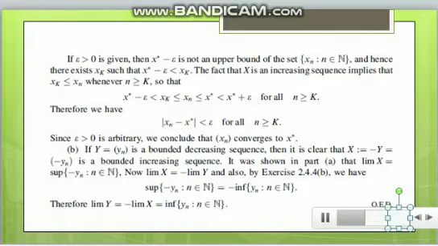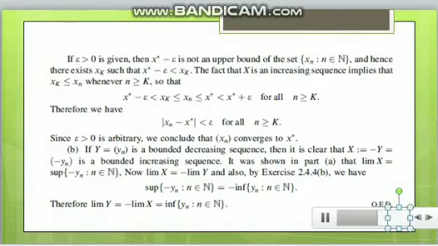Therefore, we have the absolute value of xn minus x* less than epsilon for all n greater than or equal to k. Since epsilon greater than 0 is arbitrary, we conclude that xn converges to x*.